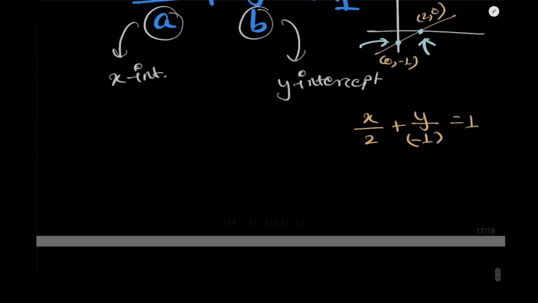Great. Now an interesting thing about these is that you can interchange between these equations. Like if you've got an equation in the intercept form, like this, x upon 5 plus y upon minus 4, which is equal to 1.